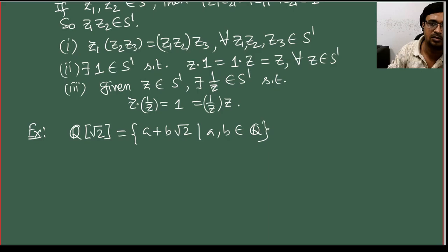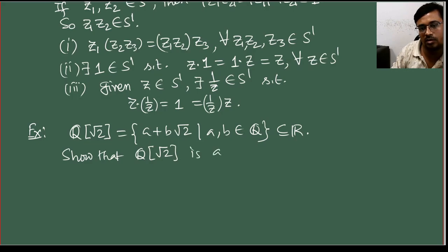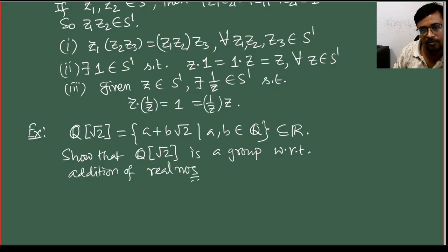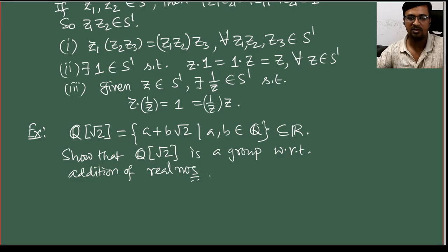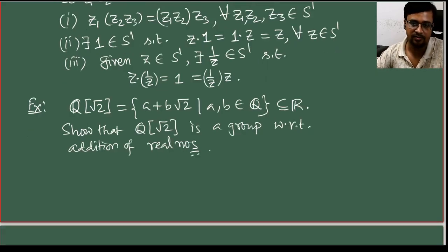So this is a subset of R. Show that Q adjoin square root of 2 is a group with respect to addition of real numbers. Very elementary.